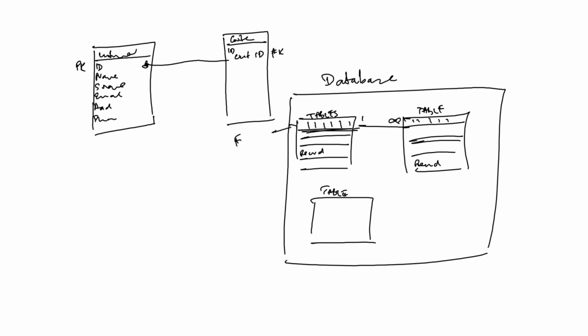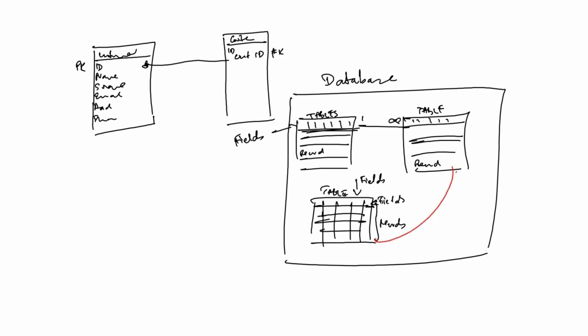Again, fields, and then here are records. The top one is fields, and then the bottom ones are records. And of course you would have your relational links as well.